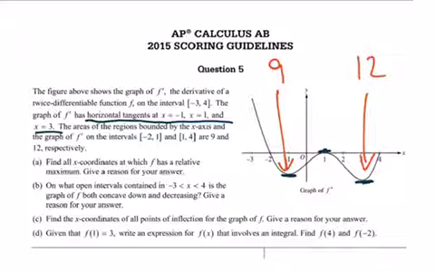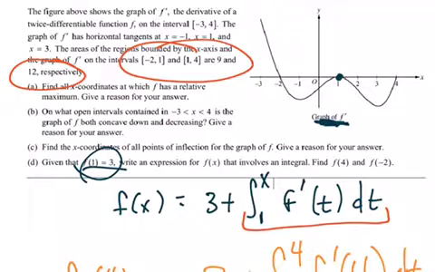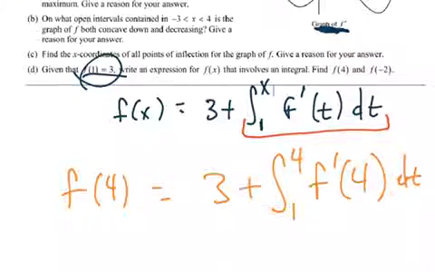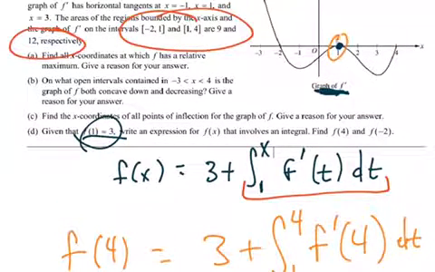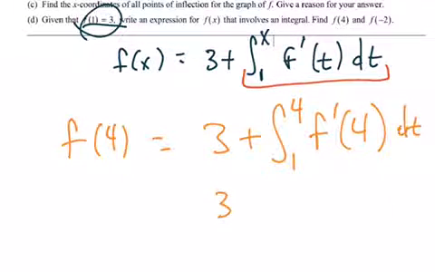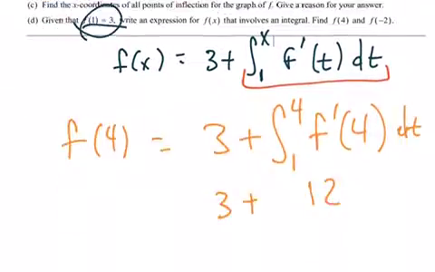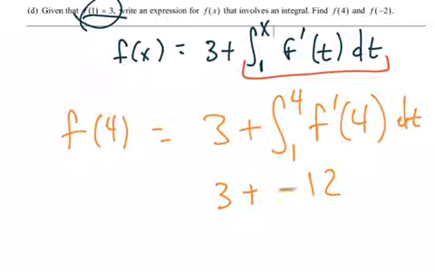When we were labeling this picture, we said that this region right here is 12. So that means if I'm integrating from 1 to 4, this is 12, as indicated in the problem. So this is just 3 plus 12, but 12 is in the bottom, so it's negative, so negative 12, and this is going to give me negative 9.